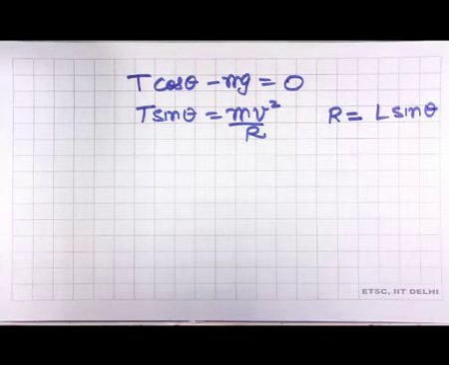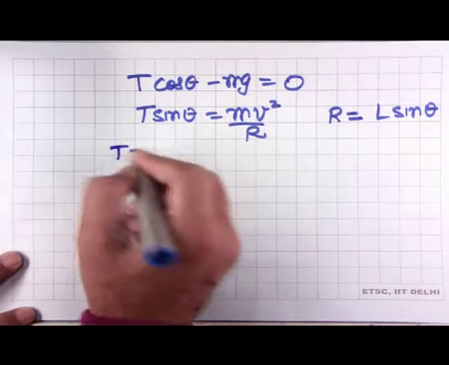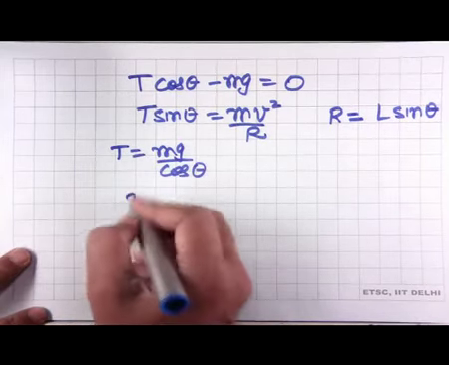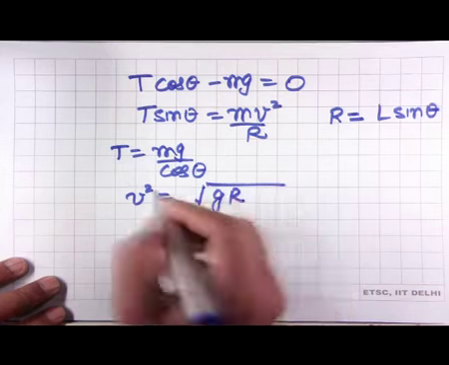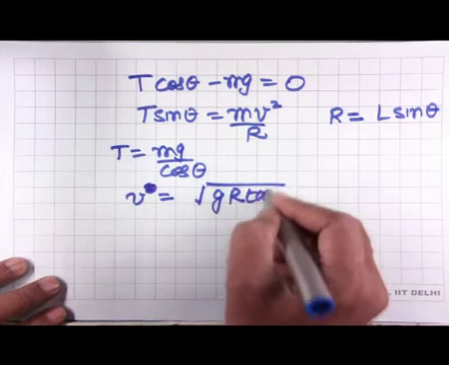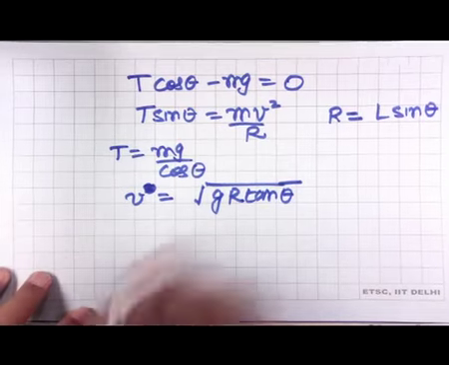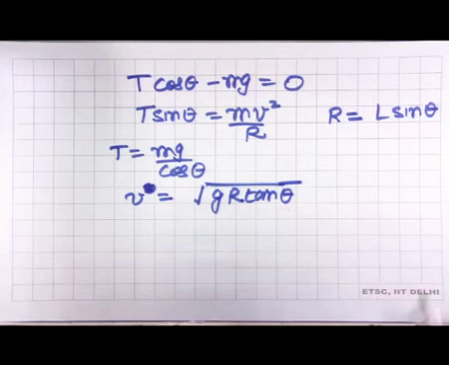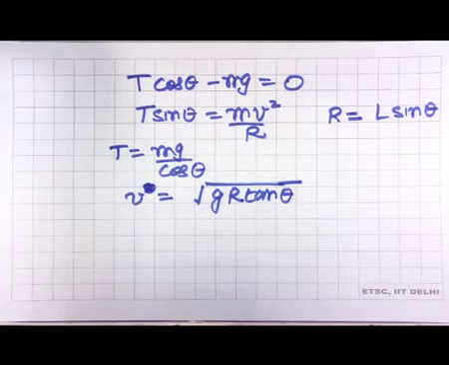Working this out, tension T is equal to mg divided by cos theta, and v is equal to root of g r times tangent of theta. So if the ball has to move with a speed v, the angle theta which it will maintain is given by this, and r is L sin theta. So we can convert things in terms of the variables we have.